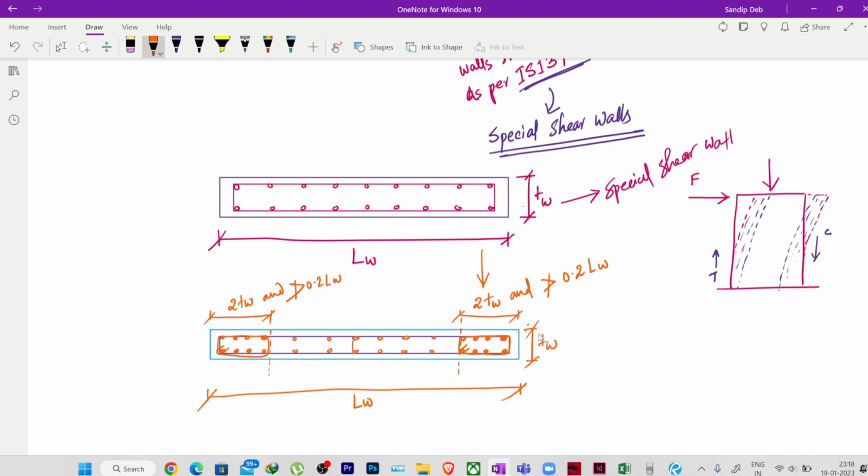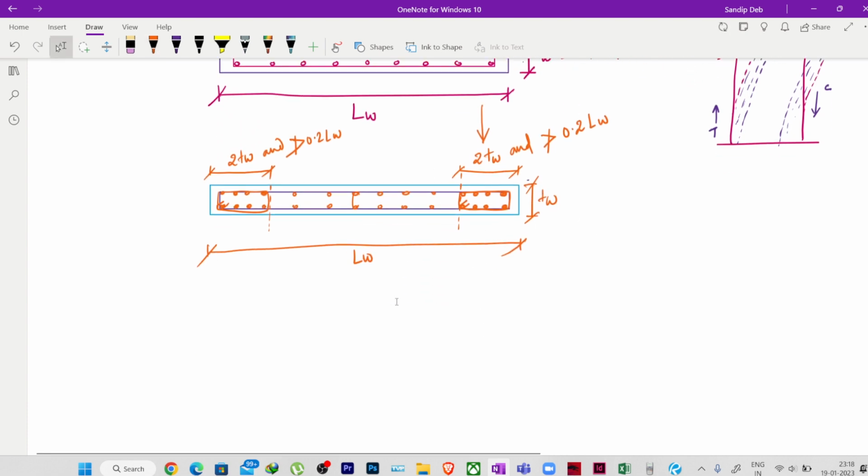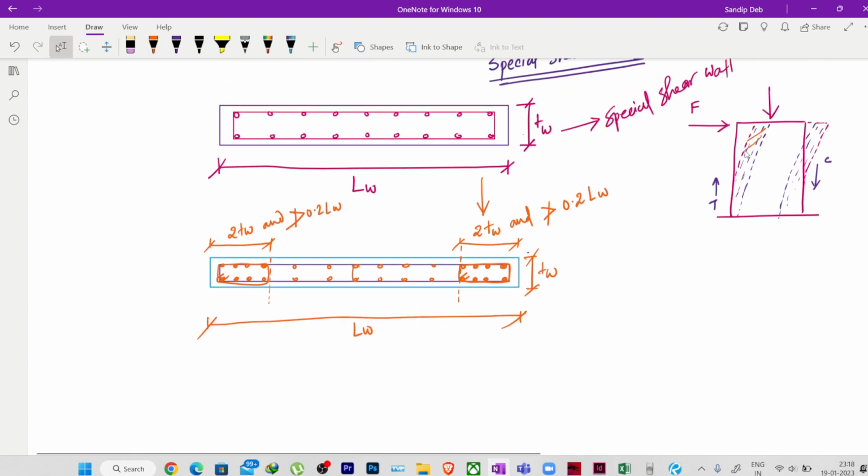Whenever the load is increasing and the number of stories is increasing, the stresses at these stiffer zones, or at these end fibers, will be increasing, and the strength requirement of these end zones will be higher.